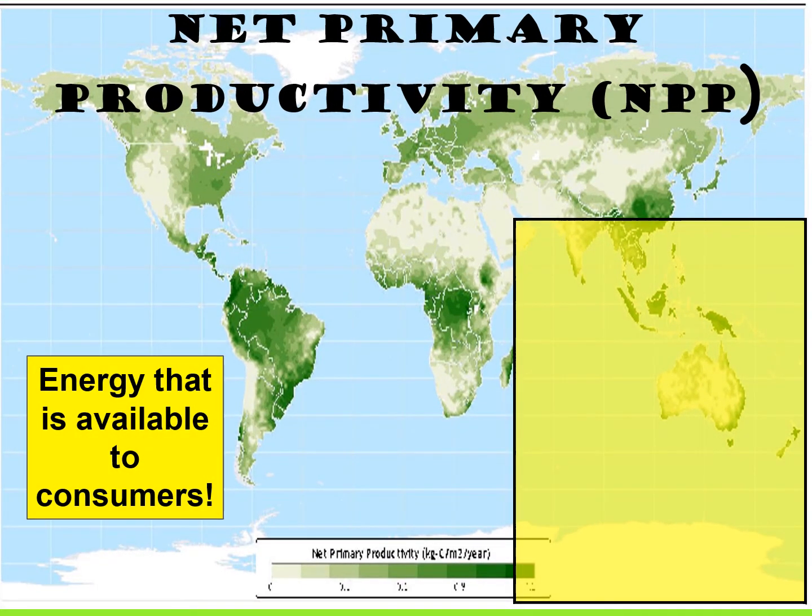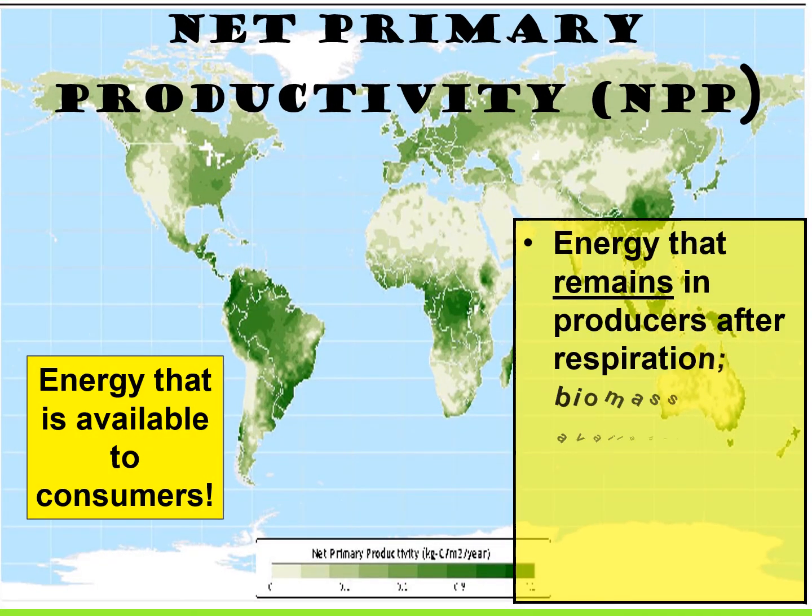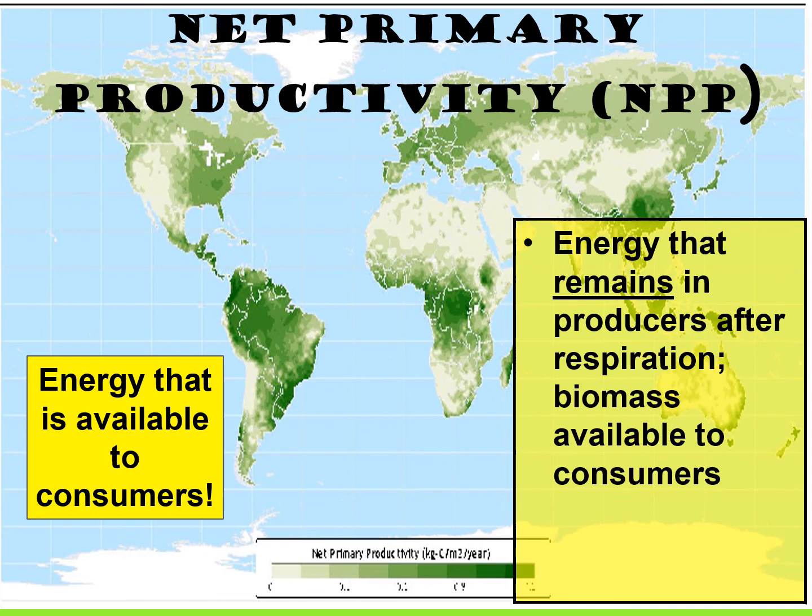Compare that to net primary productivity. And anytime you see the word net, it usually means something is subtracted from the gross, as it's called. So net primary productivity is what biologists calculate when they want to see how much sugar is left over or is available to consumers. How much biomass is available for consumers?